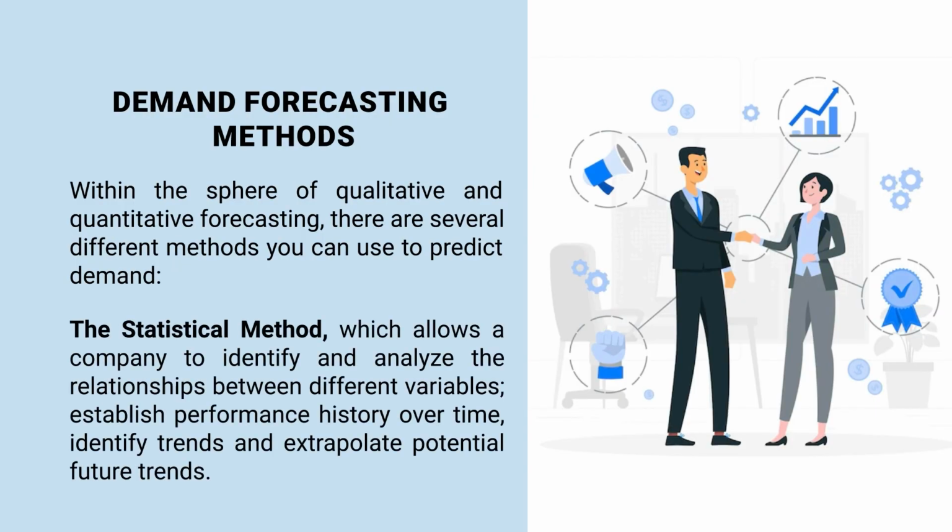Then there is the statistical method, which allows a company to identify and analyze the relationship between different variables, establish performance history over time, identify the trends and extrapolate the potential future trends. We have past data, and we can extrapolate it to know the future demand. So definitely extrapolation is one of the best statistical methods of forecasting.